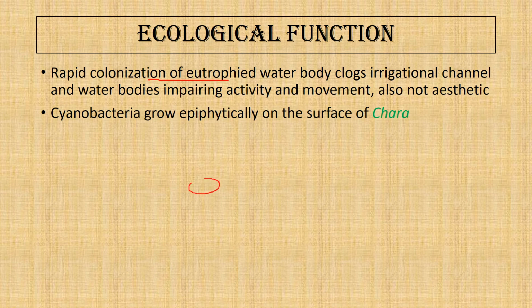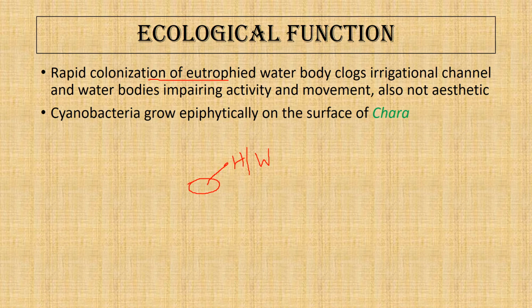Say for example, this is a pond, and all the surrounding area has agricultural land. During the rainy season, all the water accumulates in the pond containing the Chara, and this effluent will include the herbicides that were used to check the unwanted weeds. These herbicides or weedicides used in the agricultural field have now landed in the water containing Chara.